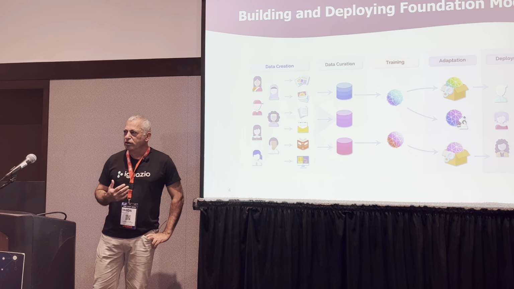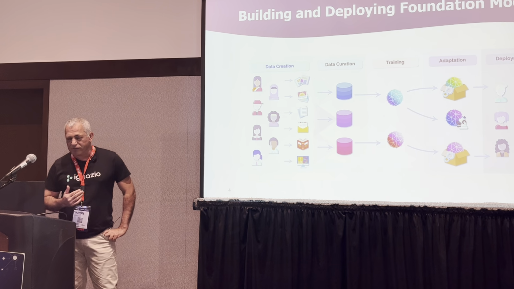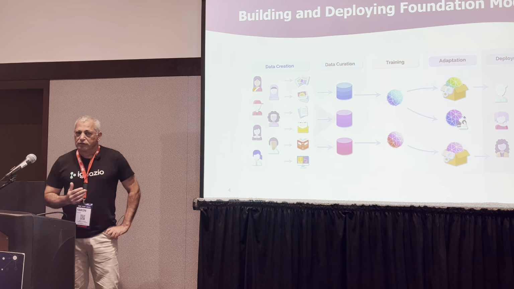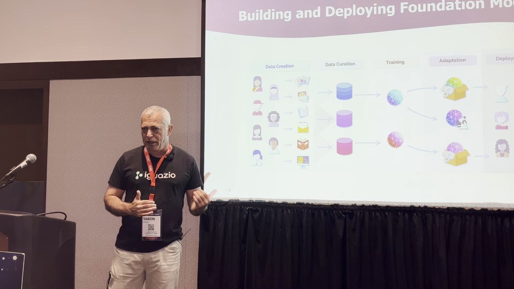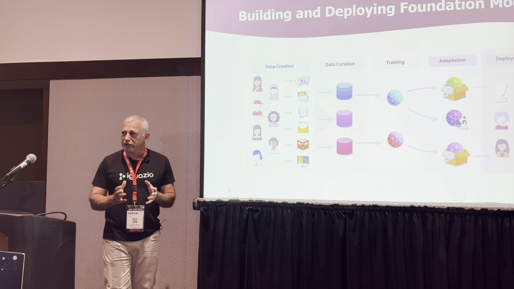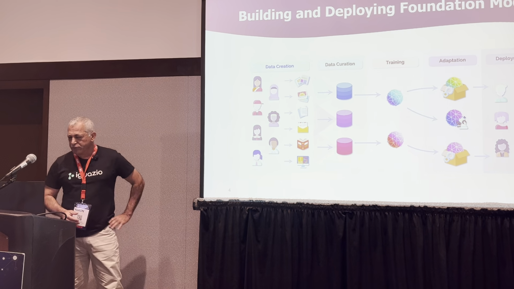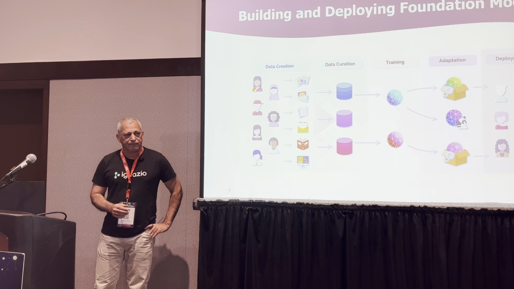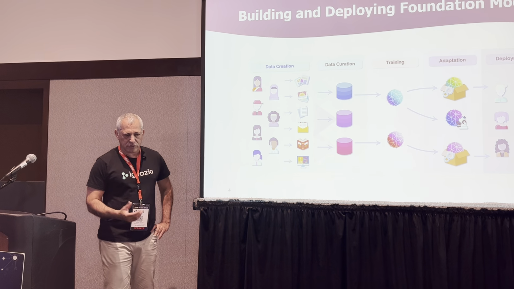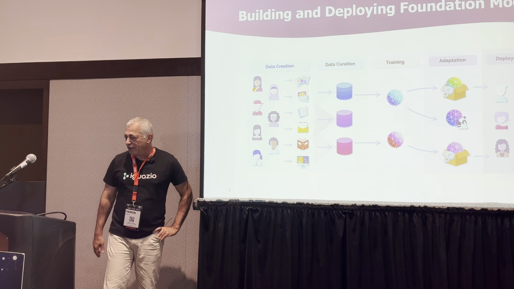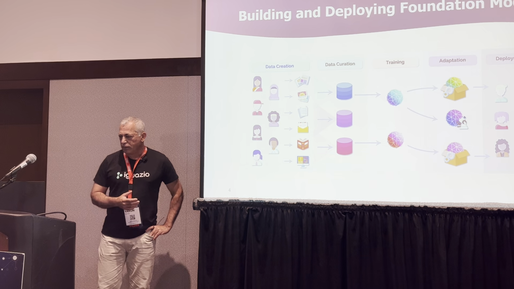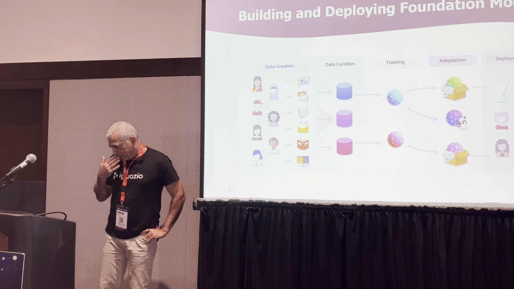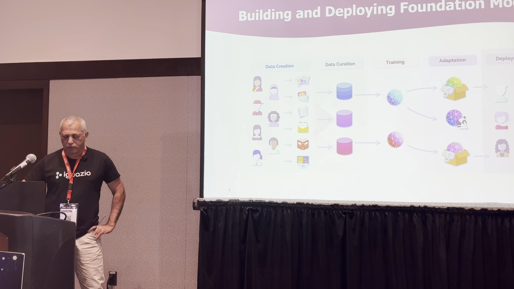Again, training of foundation models is a very expensive and long process. And finally, when you have this foundation model, you can tweak it to do certain tasks, which is the demo we're going to show later, how we take a foundation model and adapt it to a specific application. And once we have those altered or fine-tuned models, we can use them and deploy them as part of a bigger application. That's the general flow of how to use generative AI or large language models.